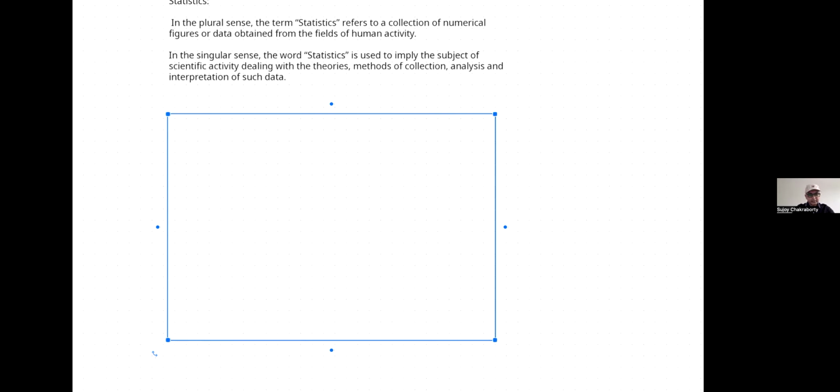Let's say we observe the data of how many cars pass through a bridge in a given day, right?